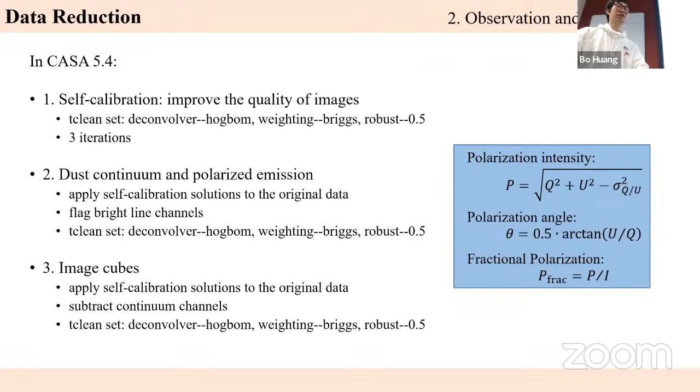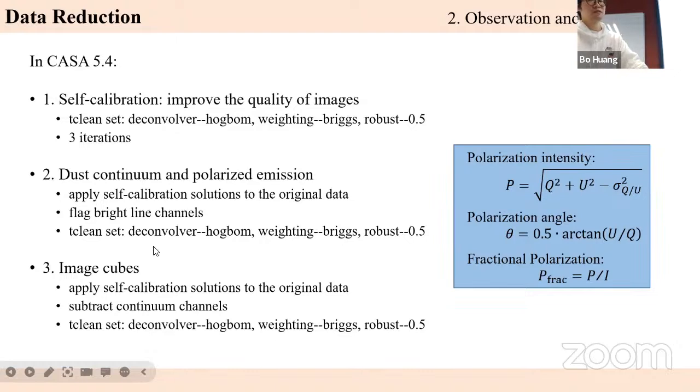The data reduction was performed in CASA 5.1.4, which is divided into three parts. The first one is self-calibration to improve the quality of images, and then we produce the dust continuum map and polarization map, which refers to the Stokes I, Q, U. The polarization intensity is calculated by this formula, along with the polarization angle.